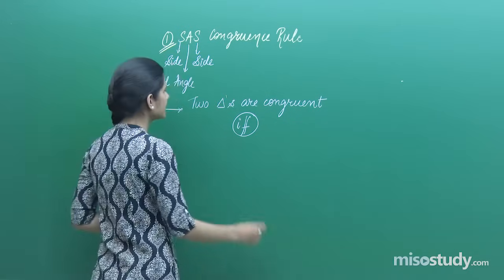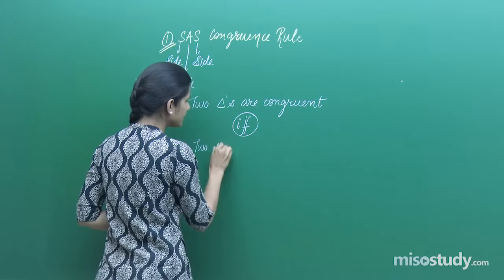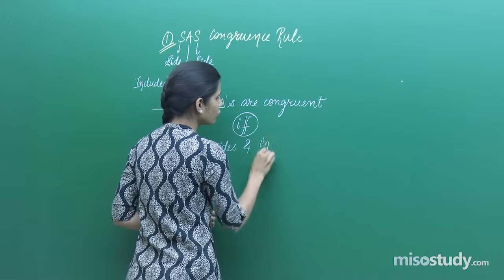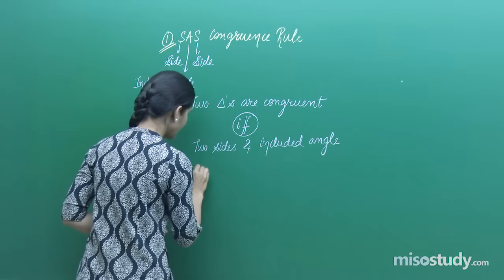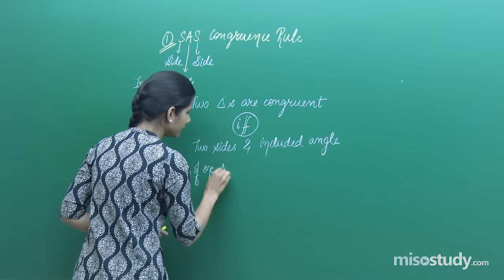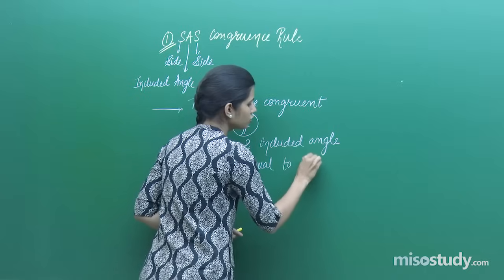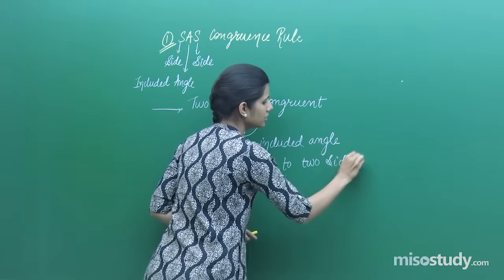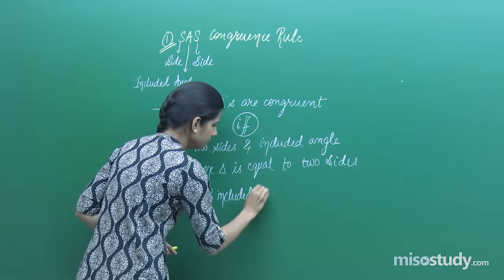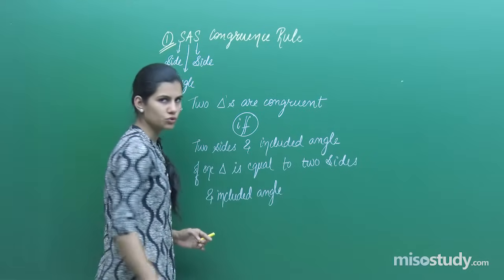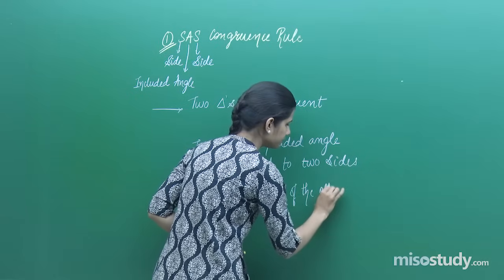So what are the 3 equalities? It says that two triangles are congruent if and only if two sides and included angle of one triangle is equal to two sides and included angle of the other triangle.